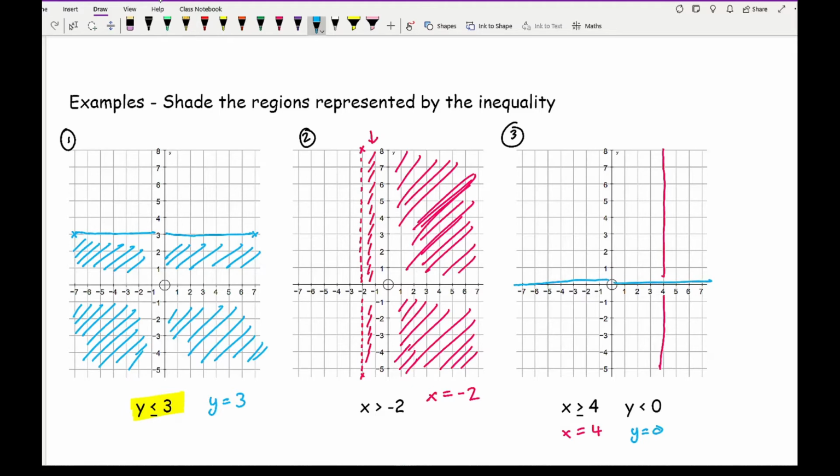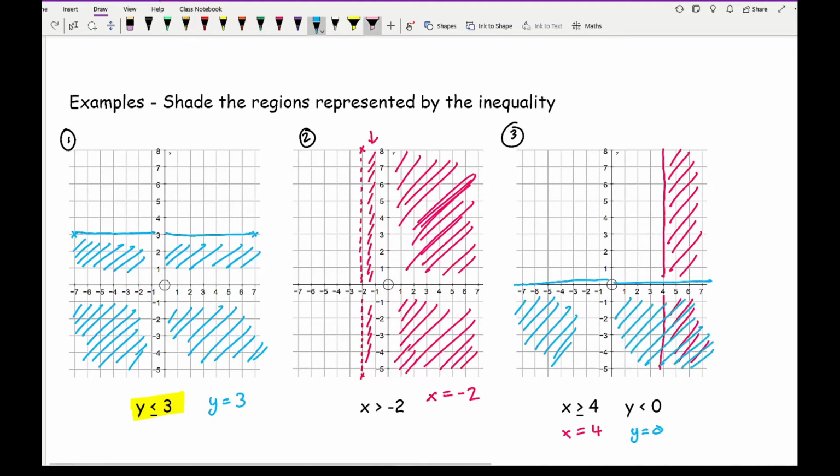Looking at the first inequality, x is greater than or equal to 4, I want the area on the right of that line, so it's this region here. And looking at y is less than 0, that's going to be below, so that's going to be this region here. Now if a question asked you for an inequality that satisfied both situations, then I'm looking for the area that is shaded in by both of those two colours.